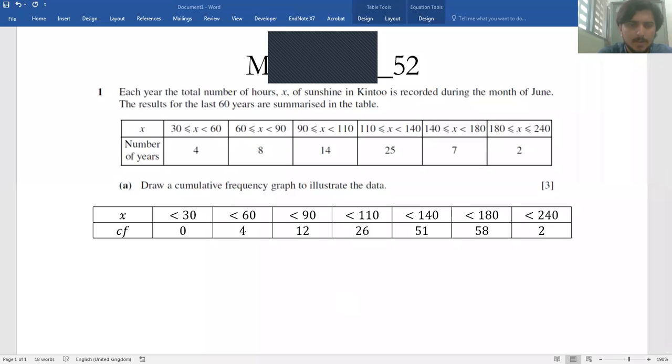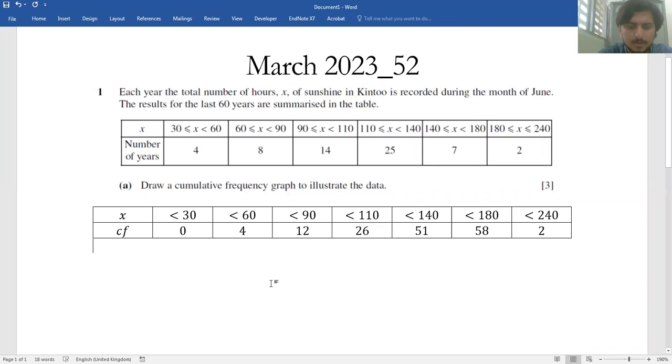Okay, class. So once we have plotted all these values, we get a smooth curve in this way. We can start the graph from 0 as well. This is the kind of curve that we'll end up with.